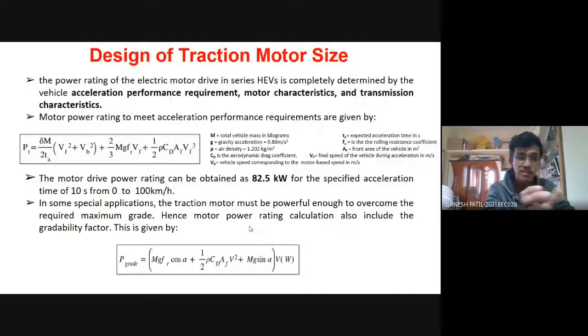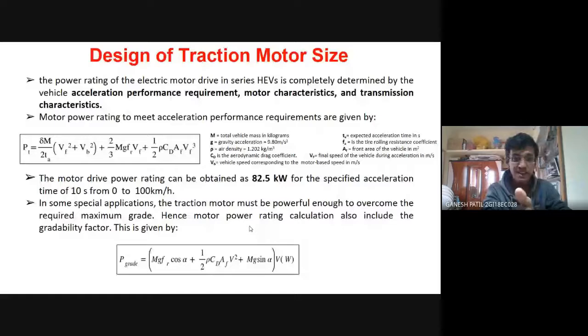The equation has three sections. First is the acceleration performance. To accelerate the vehicle, we give the maximum velocity and minimum velocity of the acceleration to the equation, and we get the power required for the acceleration part.